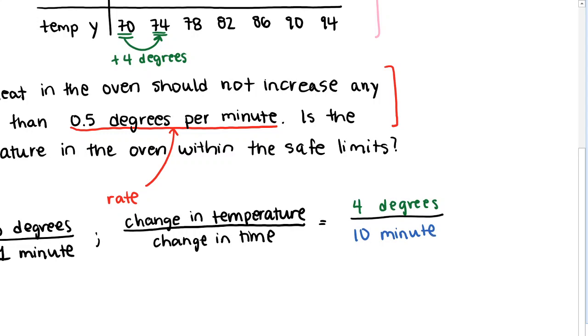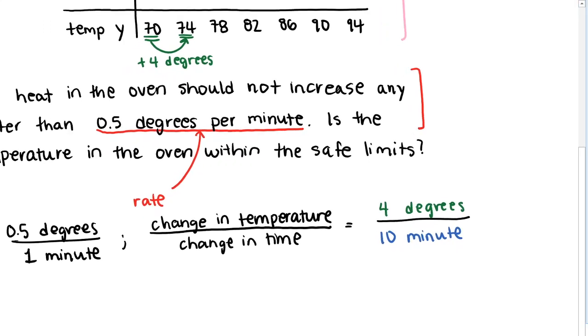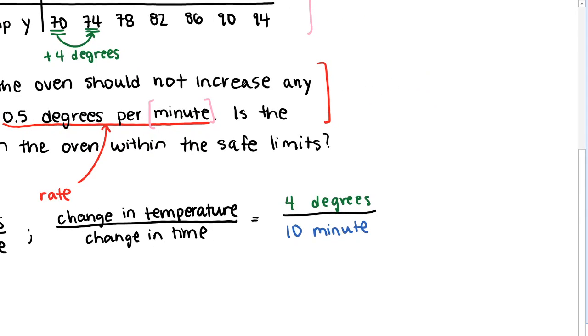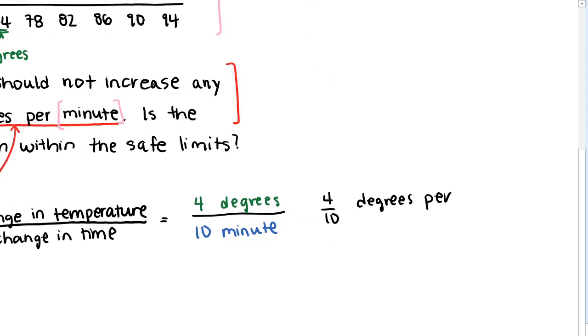We're not really interested in what the rate is for every 10 minutes. We're interested in how much it is per single minute, right? Well, we can rewrite this 4 degrees over 10 minutes as 4 over 10 degrees per minute, as this unit interval.